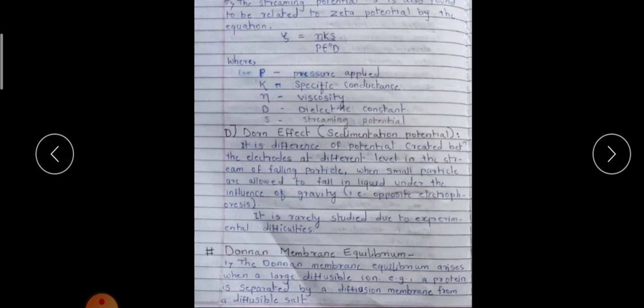It arises when a large non-diffusible ion, for example a protein, is separated by a diffusion membrane from a diffusible salt.